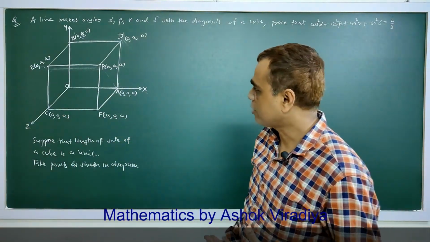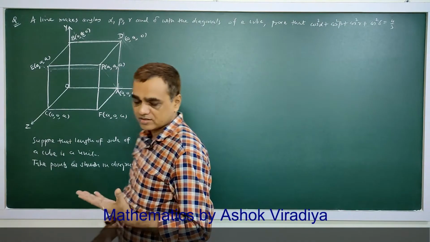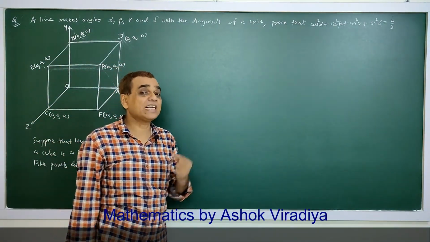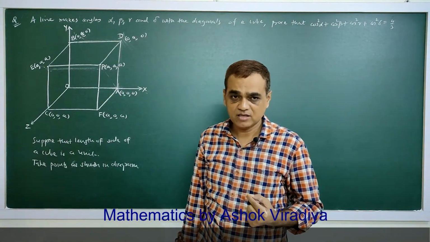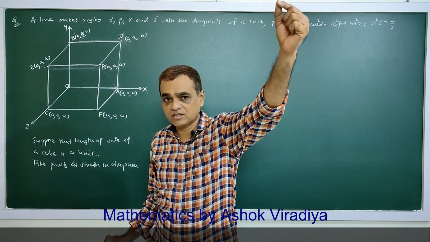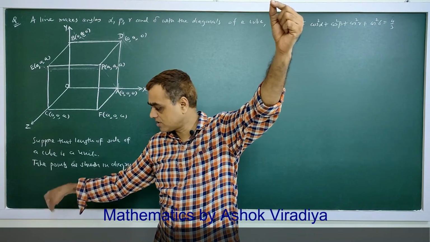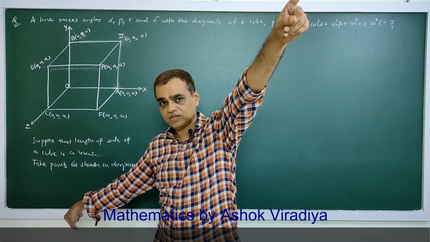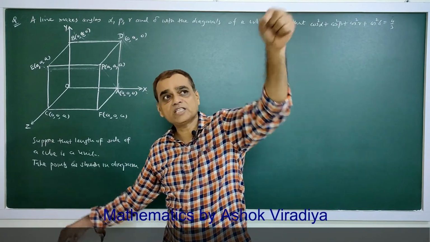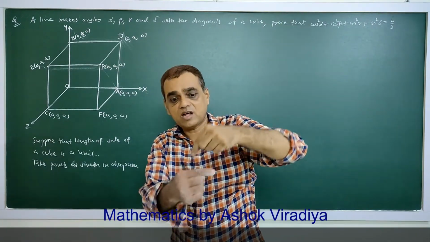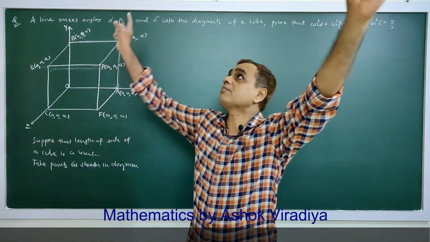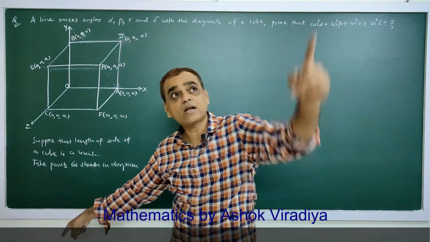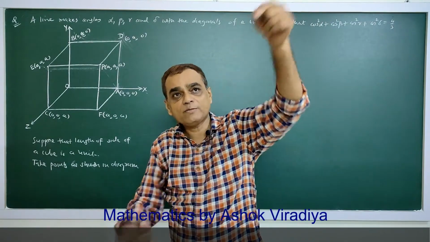So let us observe how many diagonals there are and which are the diagonals. A diagonal in a cube means a line segment joining opposite corners. See, this side bottom corner and the opposite side upper corner. So joining the upper corner and lower corner, it is a diagonal. Don't join upper corner to upper corner. Don't join lower corner to lower corner. Join lower and upper. This is diagonal 1.